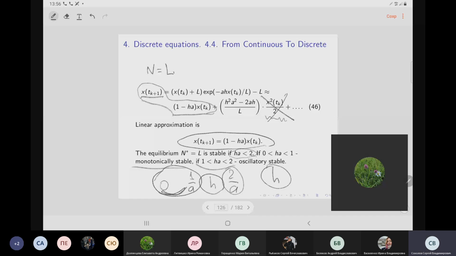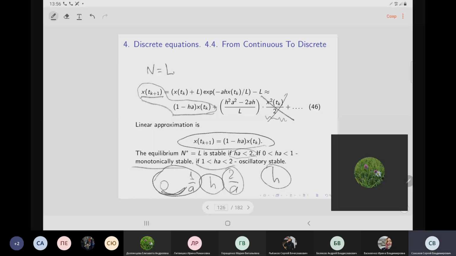But when H becomes bigger and bigger, then the dynamic of the equation becomes more interesting and more far from the dynamic of a continuous equation.